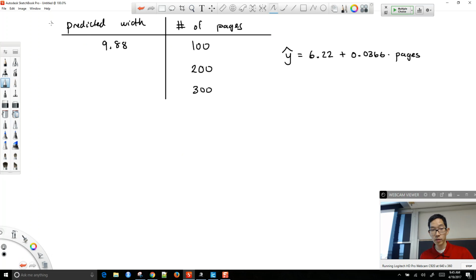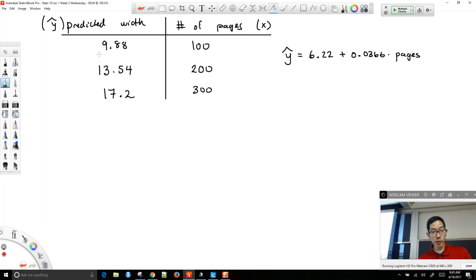Our y hat is the predicted width, and the number of pages would be our x. Do we have a value for each of these? For 200 pages, we predict the width to be 13.54, yes? And then what do we predict for 300 pages? 17.2. Everybody's good there?